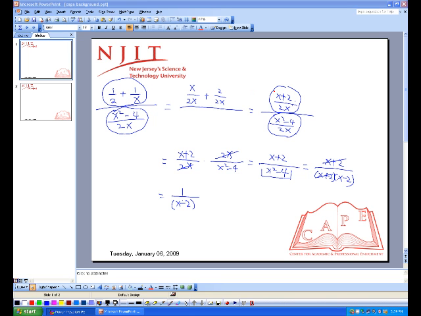We have to convert it into one rational expression. When you have one rational expression divided by another, you can make them into a product of two rational expressions, and then you can cancel them out and factor them, and you'll get your answer. Okay, so let's try another problem.